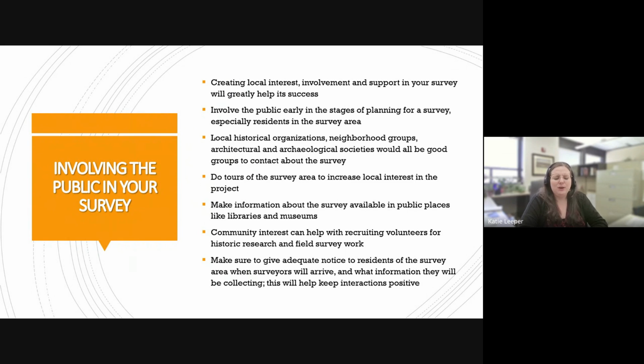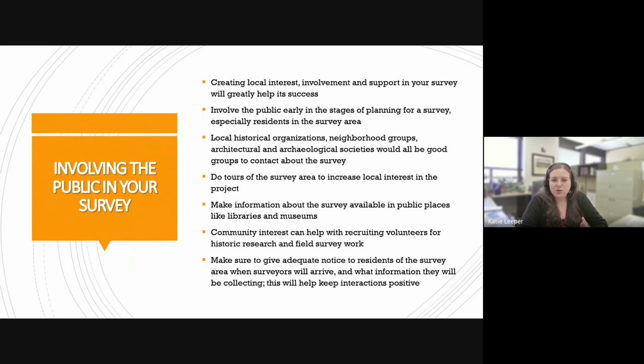And I found that doing these local tours really helps people connect with their community. And once you complete the survey, you can use the information you've collected to do something even more in depth and make sure people appreciate all the research and time and effort that you've put in.